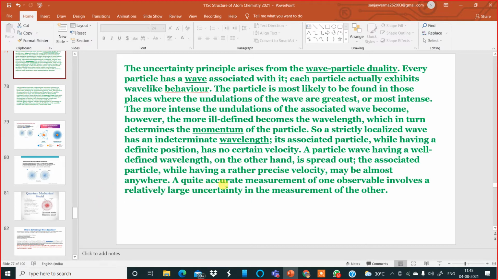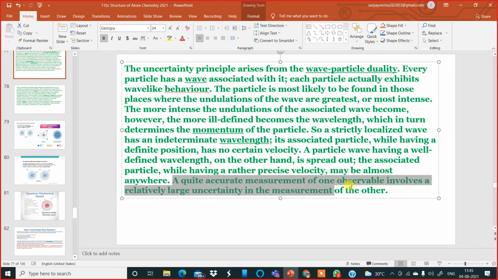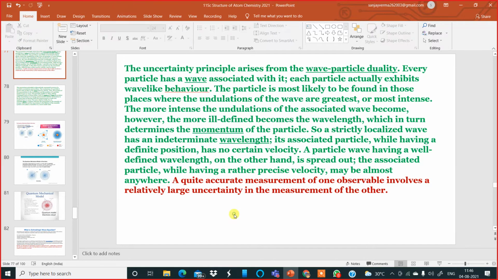A quite accurate measurement of one observable involves a relatively large uncertainty in the measurement of the other. This is an important sentence over here, boys. A quite accurate measurement of one observable involves a relatively large uncertainty in the measurement of the other. That means if you get velocity accurately, then you are uncertain about the position. This is a very important point which you have to keep in mind properly.